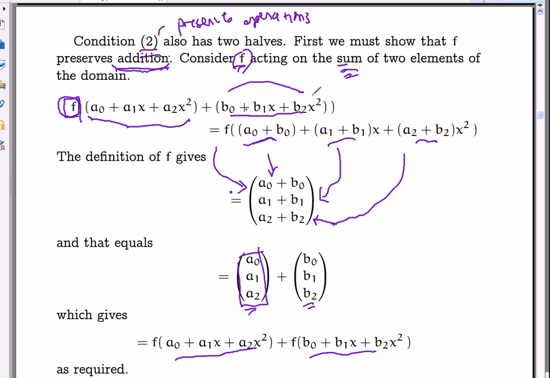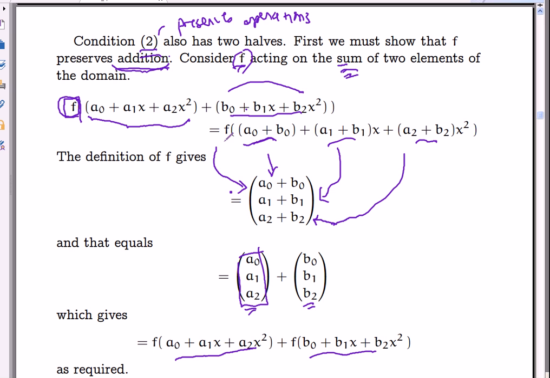Now, in order to evaluate f, we can do the usual algebraic manipulations and create a single polynomial. a0 plus b0 is the constant term of this combined polynomial. a1 plus b1 is the x term. a2 plus b2 is the x squared term. We've just done some rearrangement and distribution.